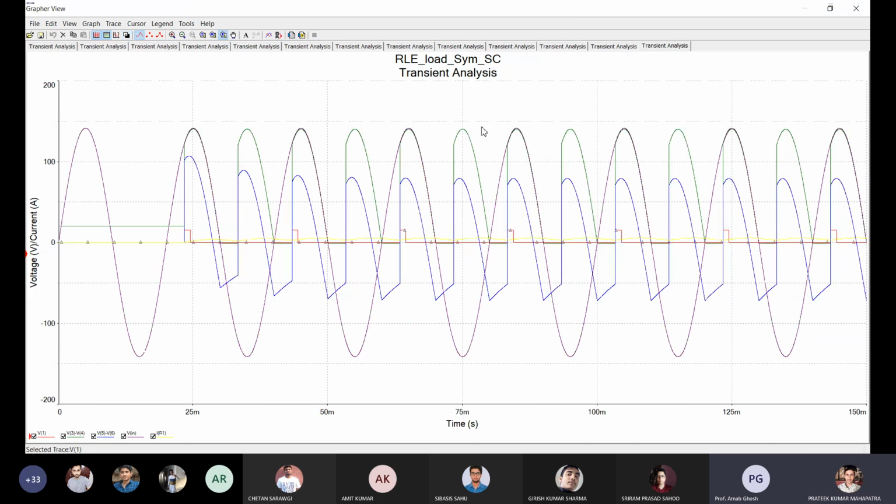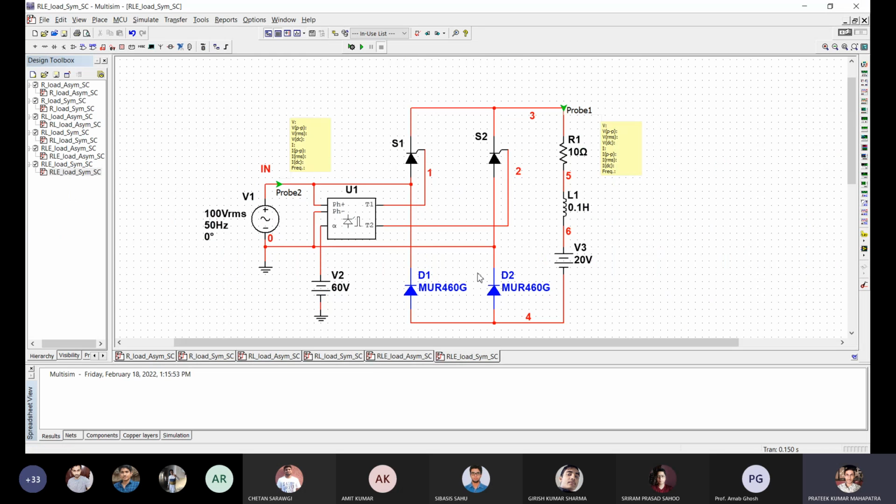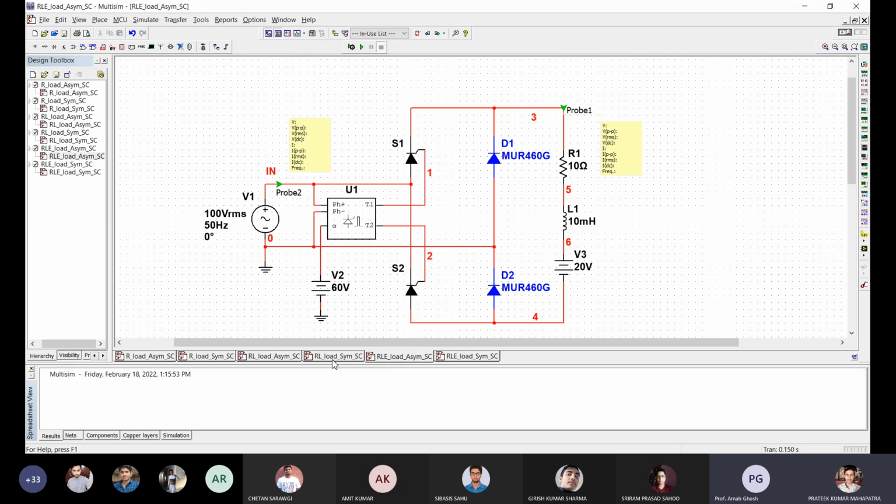This is RLE load symmetrical. RLE symmetrical. Okay. These were all the graphs.